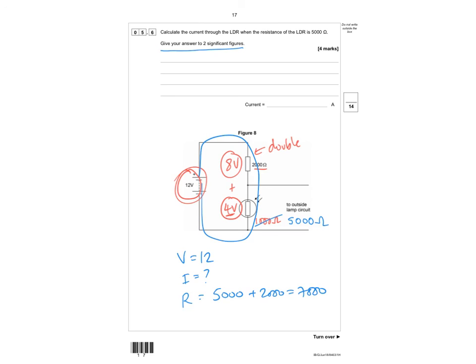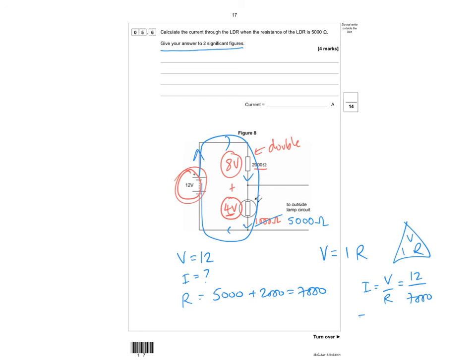So we know an equation, potential difference equals current times resistance. We want to find the current, so current equals V divided by R. V is 12, R is 7000, and that will give us the current flowing through our circuit.